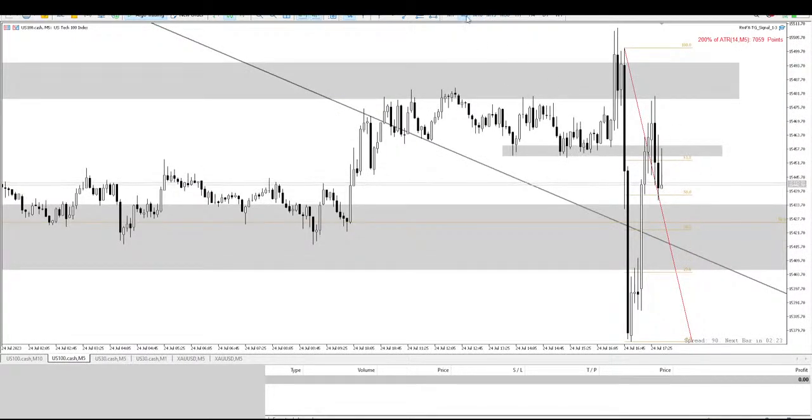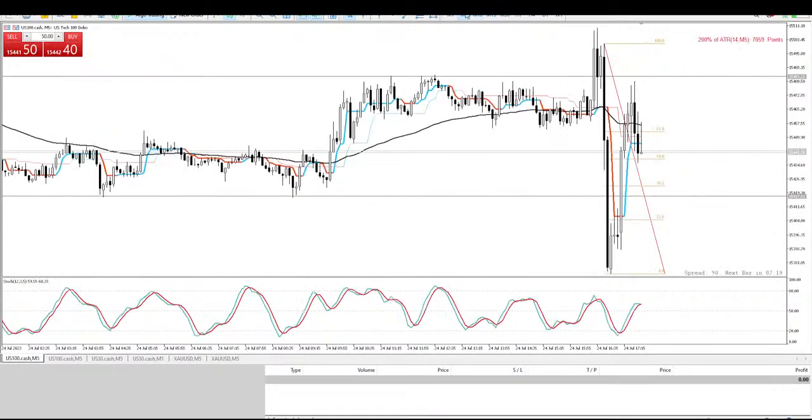Okay, I'm kind of liking what's happening right now on NAS for a short. I'm just worried about this bottom of the range. Yeah, guys, I think taking either a long or a short at this point is risky.